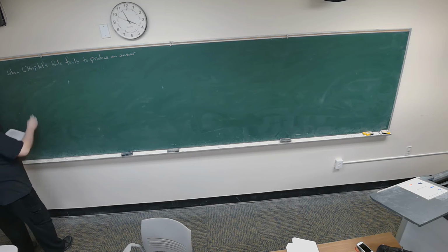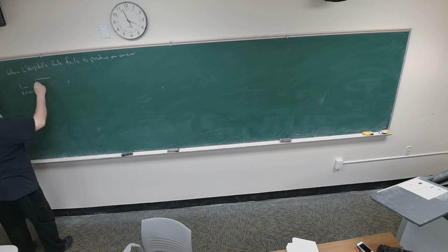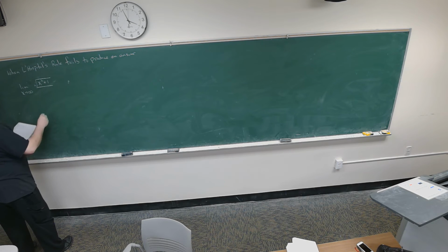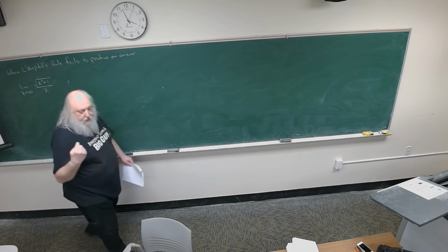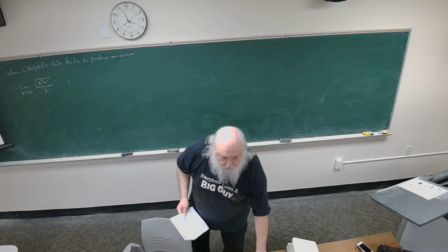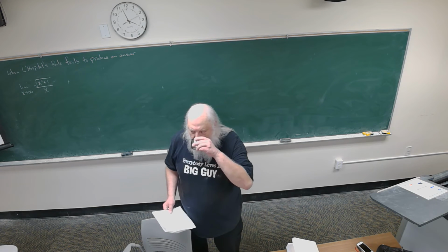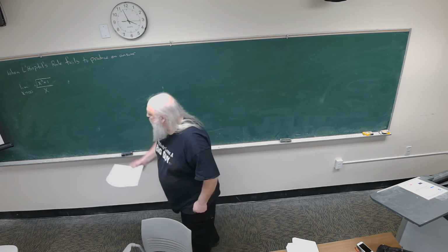We're going to find the limit as x increases without bound of the square root of x squared plus 1 over x. Now, at the beginning of the semester on exam 1, you had to use algebra to find that limit. You divided top and bottom by x.